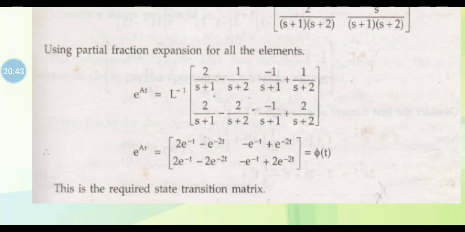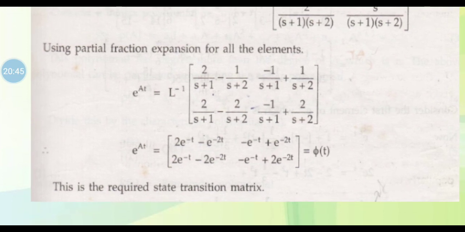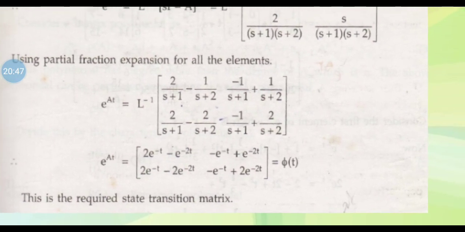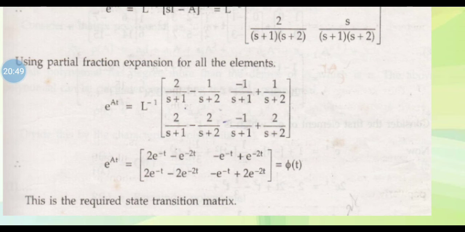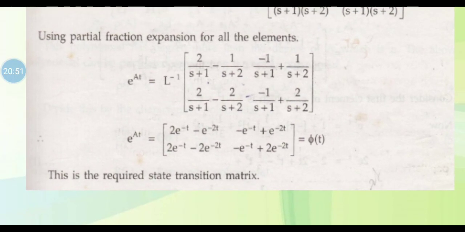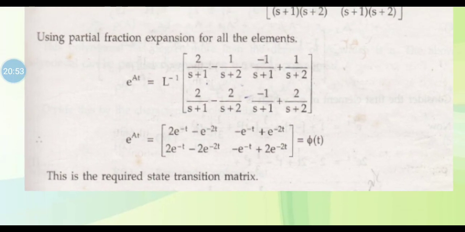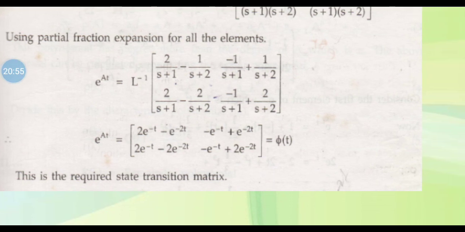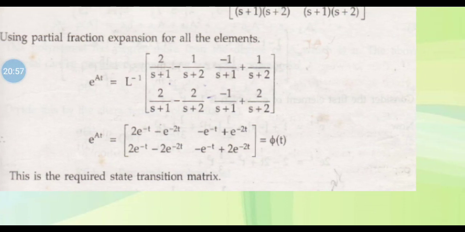Then using partial fractions expansion for all the elements, we can write e raised to At as Laplace inverse of: 2 divided by s plus 1 minus 1 by s plus 2; minus 1 divided by s plus 1 plus 1 by s plus 2; 2 divided by s plus 1 minus 2 divided by s plus 2; minus 1 by s plus 1 plus 2 by s plus 2.